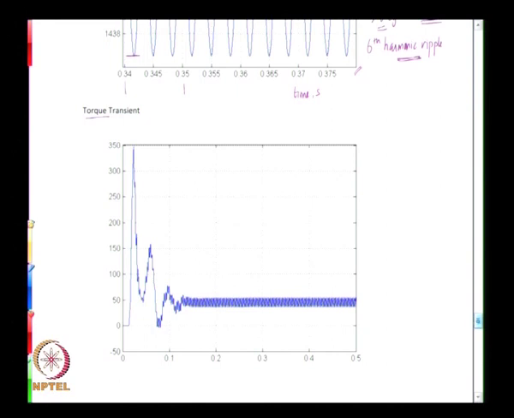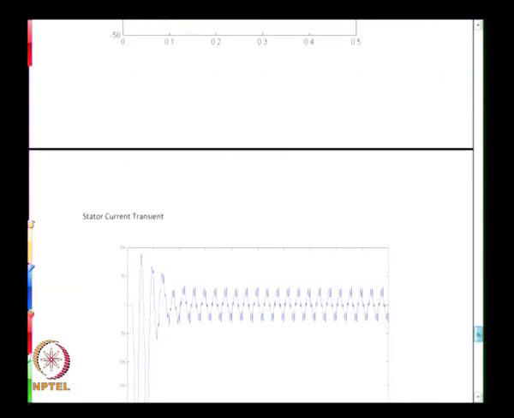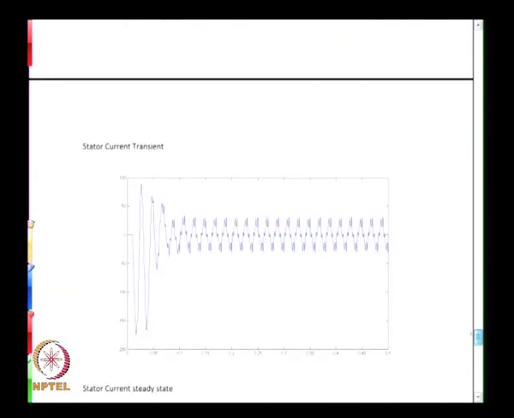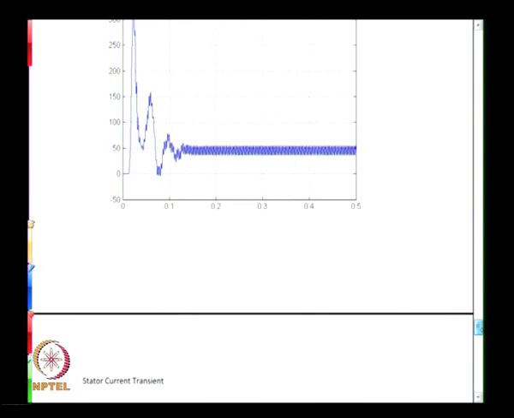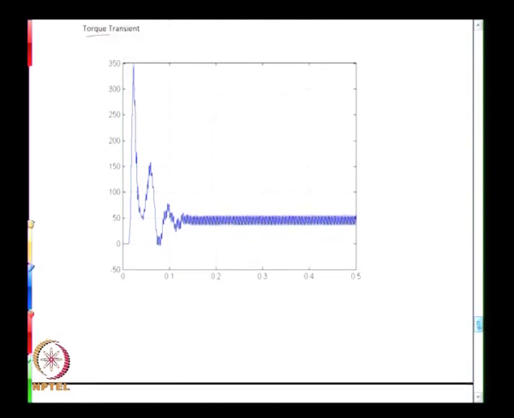Stator current. If there is going to be a ripple in the generated electromagnetic torque, we have seen that the expression for the generated TE is going to be something like IQS into IDR minus IDS into IQR. So IQS and IDS must in turn have some ripples, which means that the actual input current drawn should also have some ripple or harmonics.